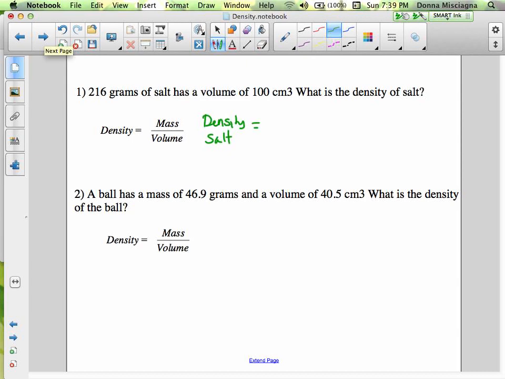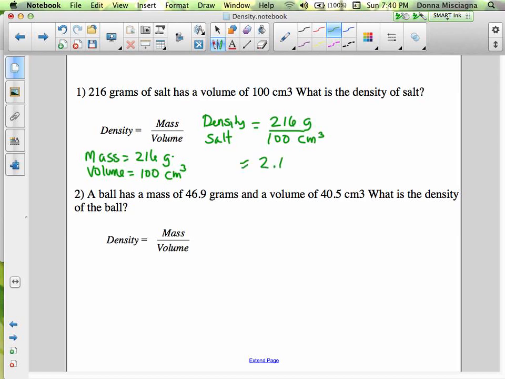We take the mass, 216 grams, and the volume, 100 centimeters cubed. So that would be 216 grams divided by 100 centimeters cubed. This is an easy one, I don't even need a calculator: 2.16 grams per centimeter cubed.